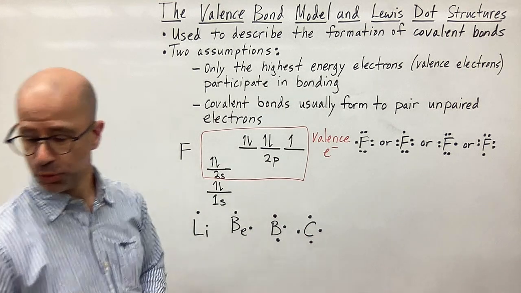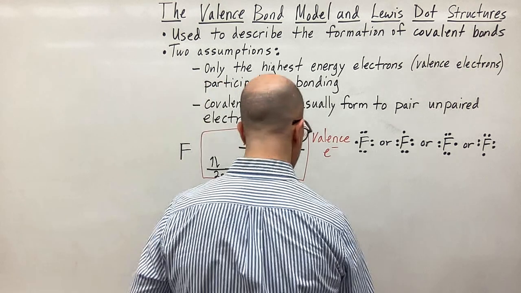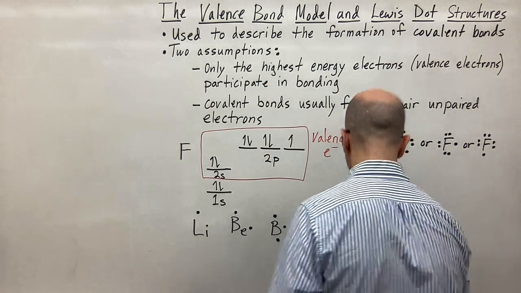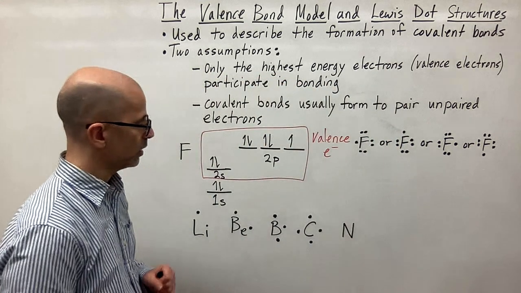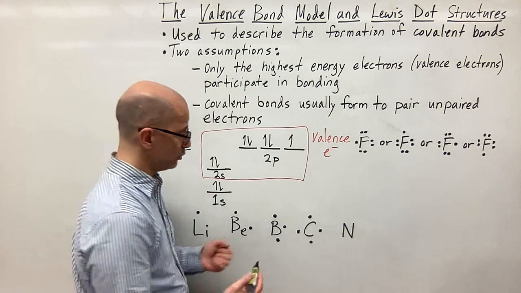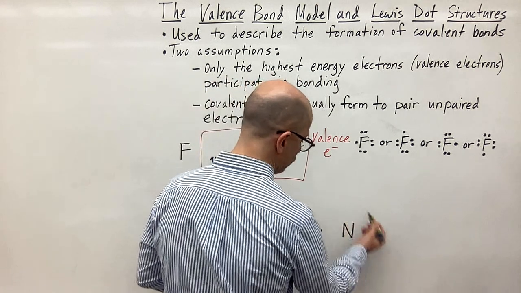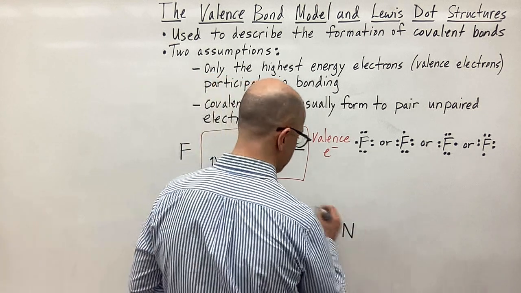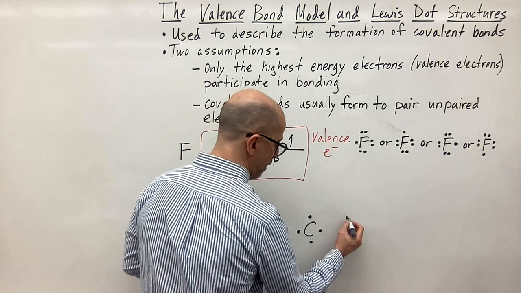Next would be nitrogen. So here I have 5 valence electrons because it's in group 5. Actually, it's in group 5 because it reacts like the other elements in group 5. So here, I have 5 valence electrons.